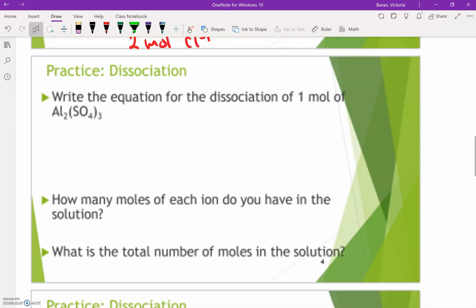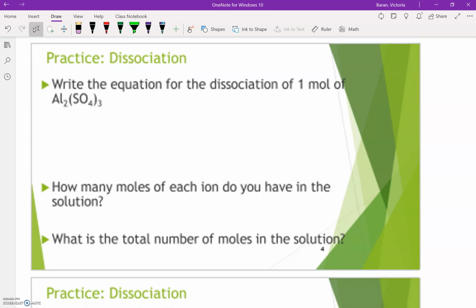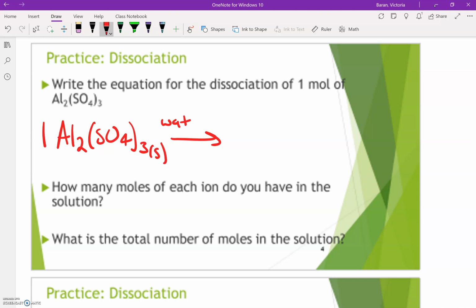I have a few more examples here. Let's say write the equation for the dissociation of 1 mole of Al2(SO4)3. This would be some type of a solid, and I would put that into water.